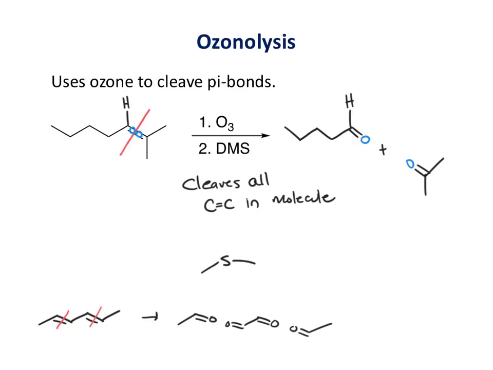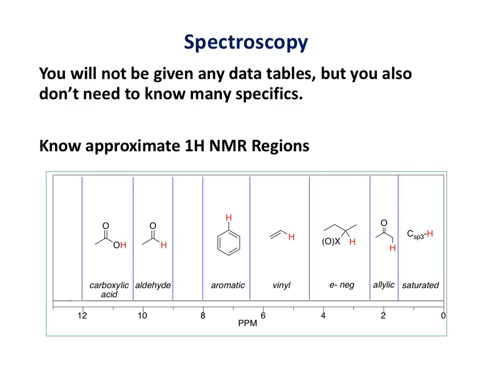All right, so just a little bit of spectroscopy and approximate proton NMR regions. Knowing these exact cutoffs really isn't all that useful. I would just say know that sp3 carbons are up here in the upfield region. They're your most upfield protons.